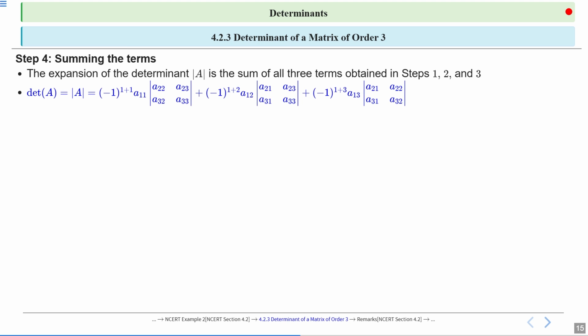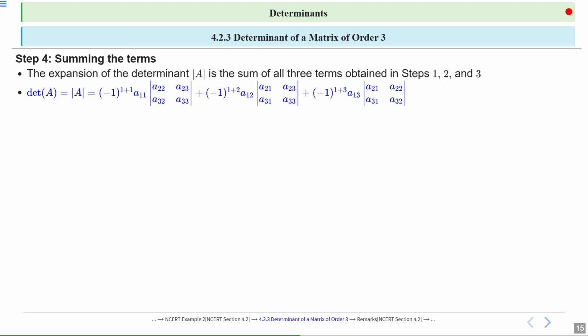Just imagine in the matrix A, when we delete the entire row and entire column, we get the matrix A21, A23, A31 and A33. And for the third element, we multiply with minus 1 to the power 1 plus 3, A13, and then the matrix obtained by deleting the first row and third column. So we get A21, A22, A31 and A32.